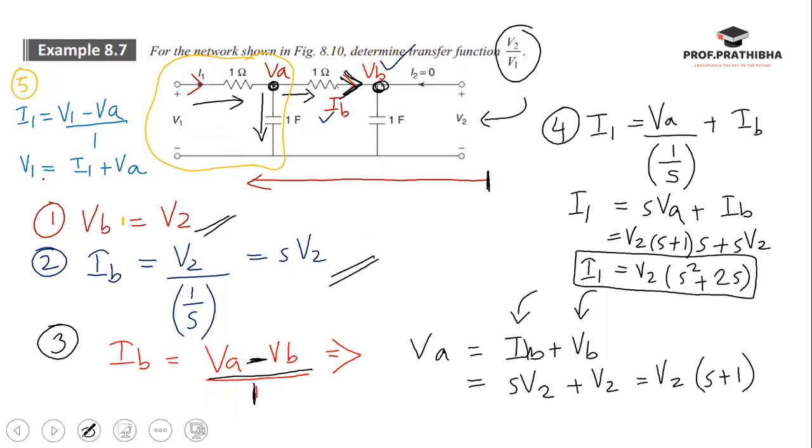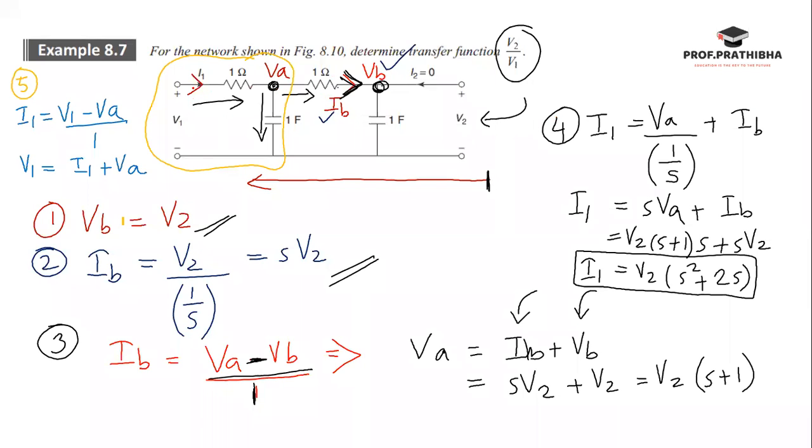Ma'am, for the fourth and fifth part, we have used I1 itself. So for the fourth and fifth, the difference. Actually, we are not using the same equation of I1. See, like that, if you see 2 and 3, there also we are using IB, but the two equations are different. See, IB is VB upon 1, meaning according to its flow we can write VB upon 1 by S, and IB can also be written as VA minus VB upon 1.